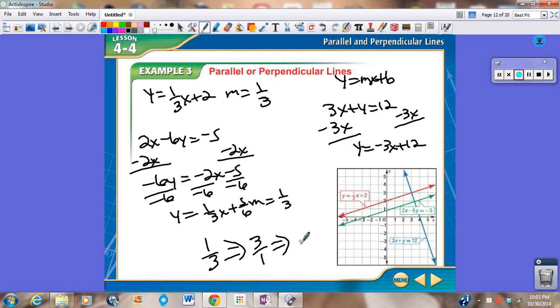When it's positive, now it's negative. So if two lines are perpendicular, if I multiply negative 3 times 1/3, I get -1. If you're not sure about that, put it on a calculator. I promise you it works. And so how I got that again is I took this slope, flipped it, and changed the sign.